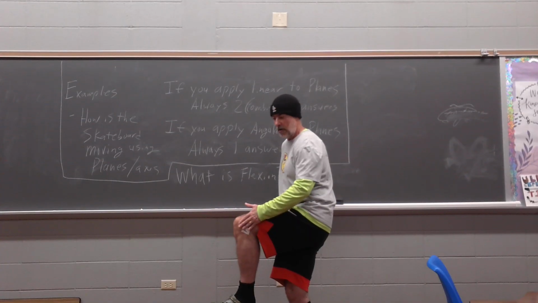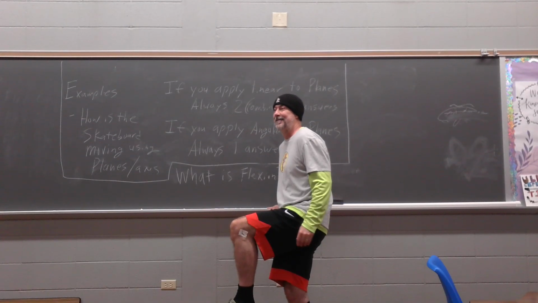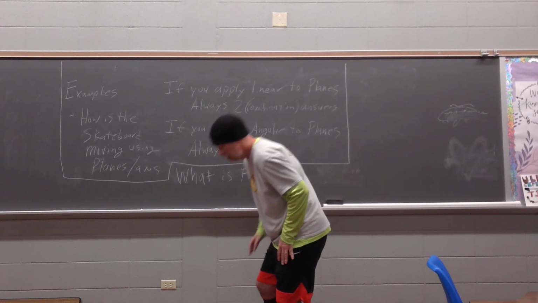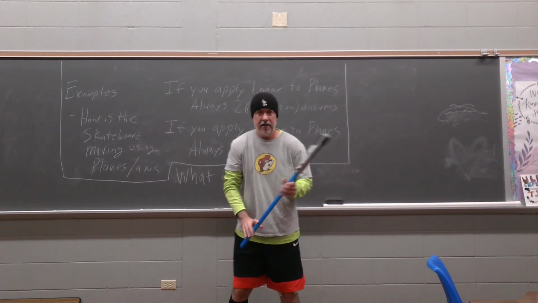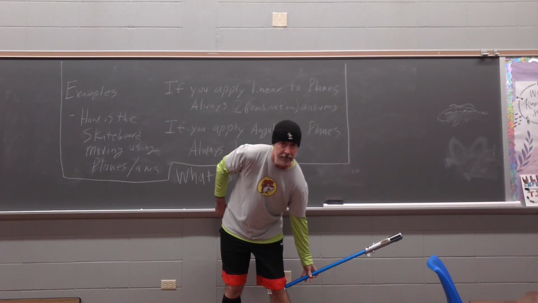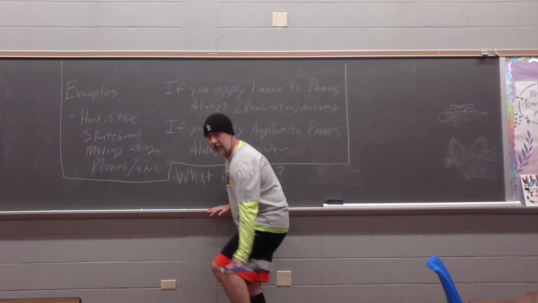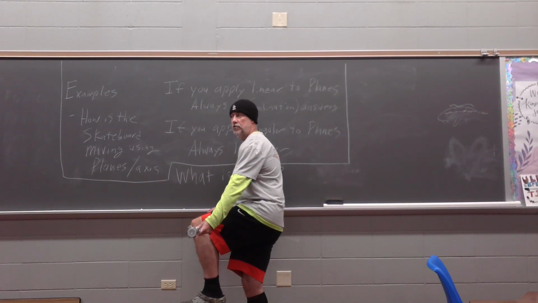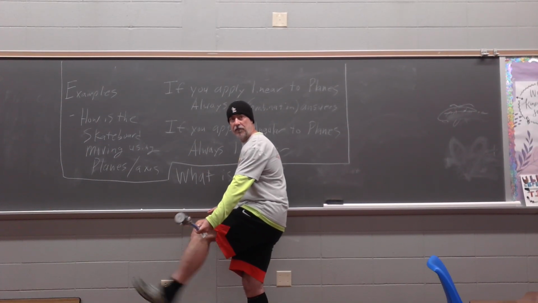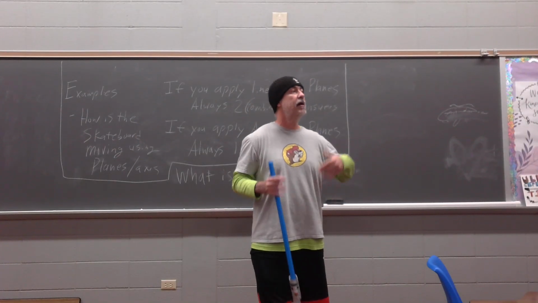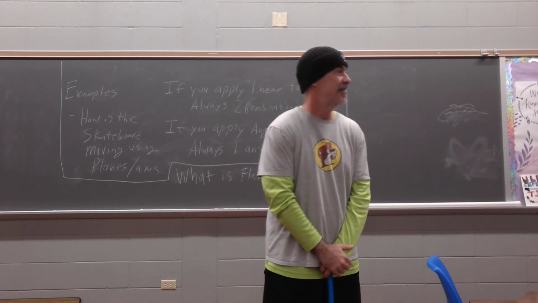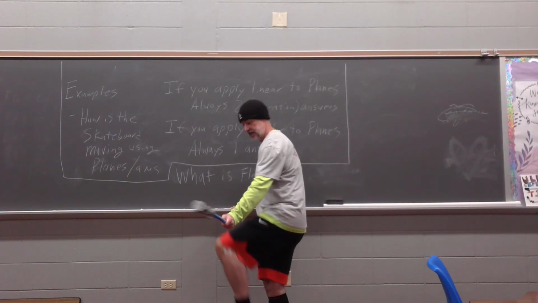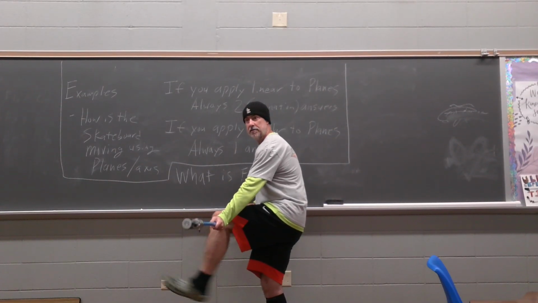No. This is still my lateral collateral ligament. This is still my medial collateral ligament. The side-to-side axis of my knee is still the side-to-side axis of my knee. So therefore, the rotation of my knee will still be in my knee's sagittal plane, because the rotation is still happening about a side-to-side axis, a bilateral axis.